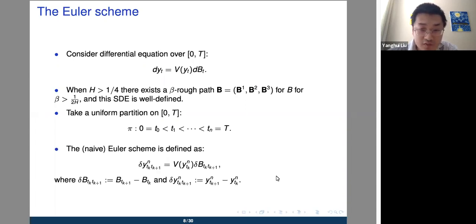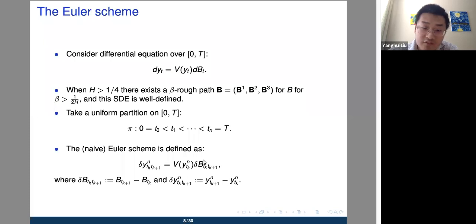The Euler scheme is defined as the increment of y^n from t_k to t_{k+1} equal to v of y^n_{t_k} times the increment of B from t_k to t_{k+1}. Here, the increment of B is equal to B_{t_{k+1}} minus B_{t_k}, and the increment of y^n is the notation for the increment of y^n.